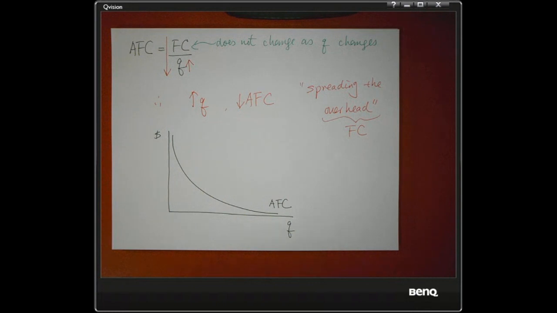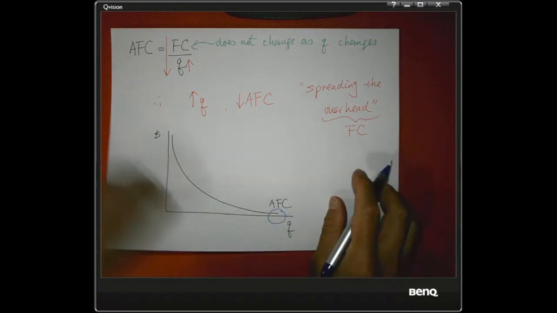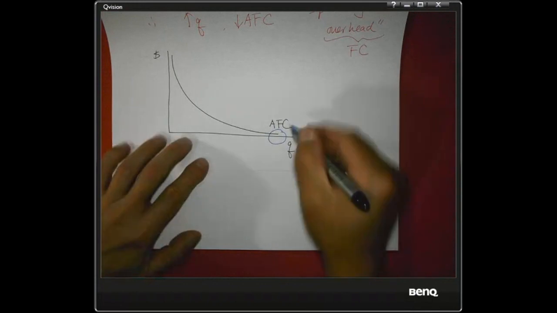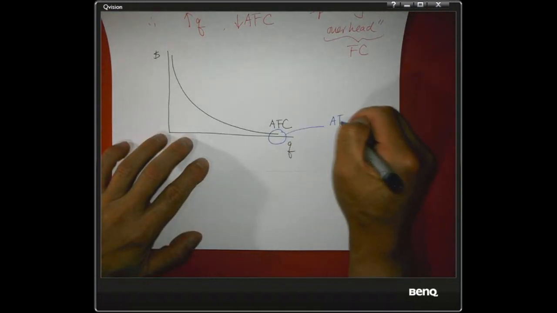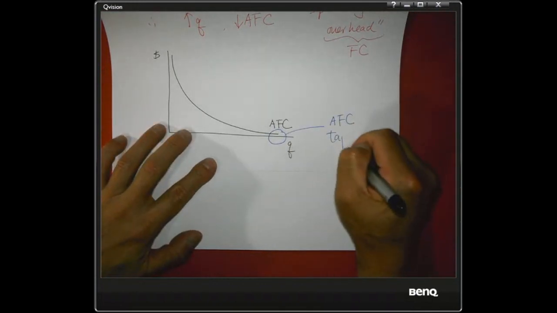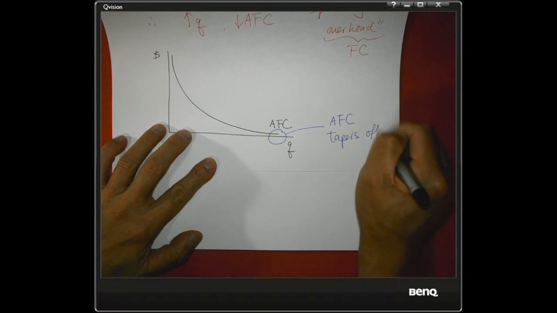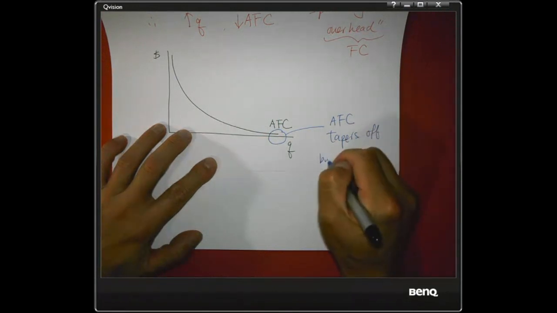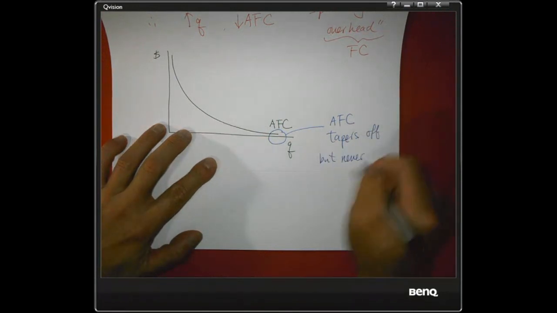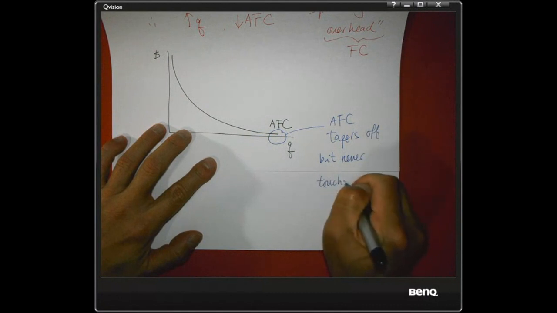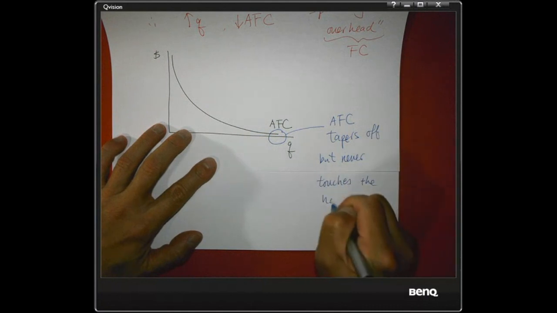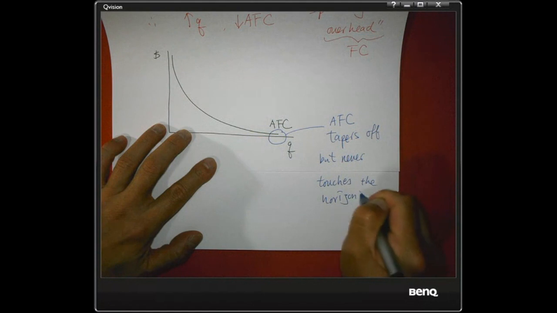And now, a common mistake. Pay attention. The average fixed cost tapers off, but never touches the horizontal axis.